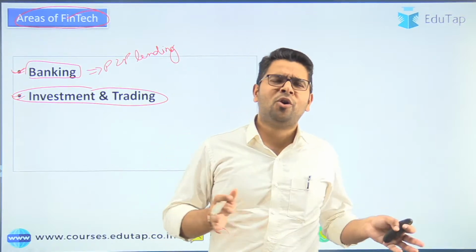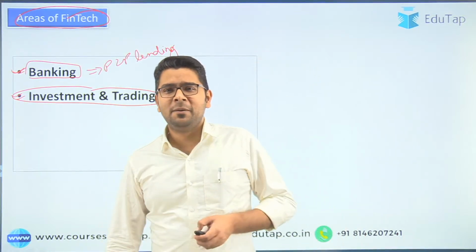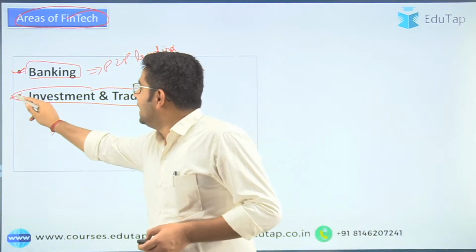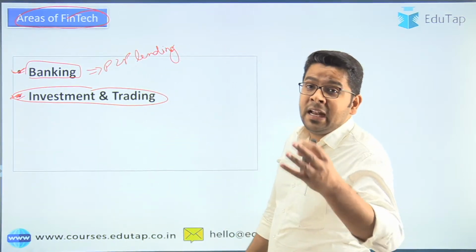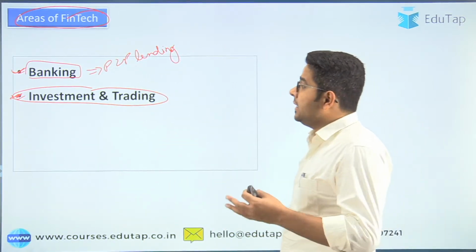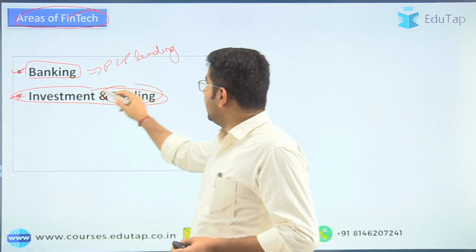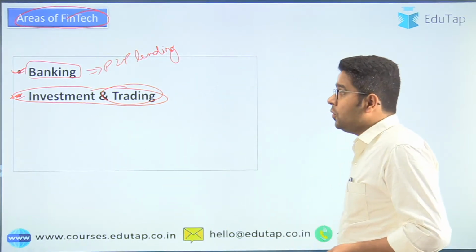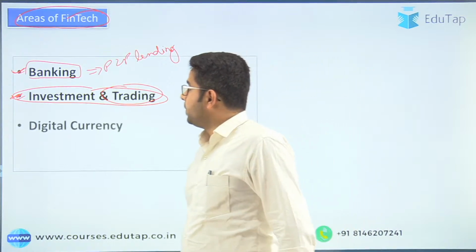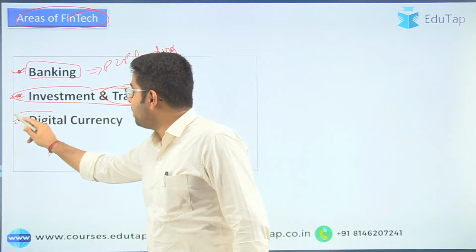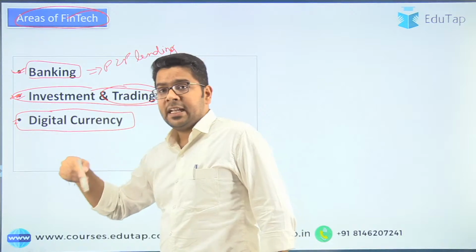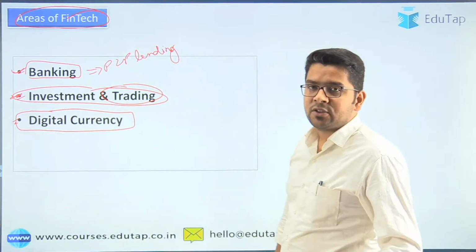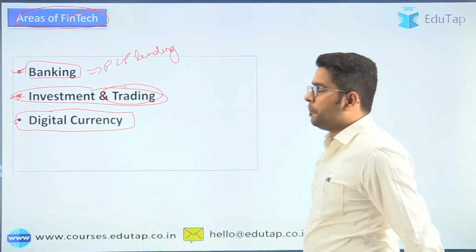I think Binomo or something like that will come up. So that is another example of technology application in investment and trading. I hope this is clear. Coming to the third one, digital currency. This is an important term and we will take it up after a few more slides, so we are skipping this for now.